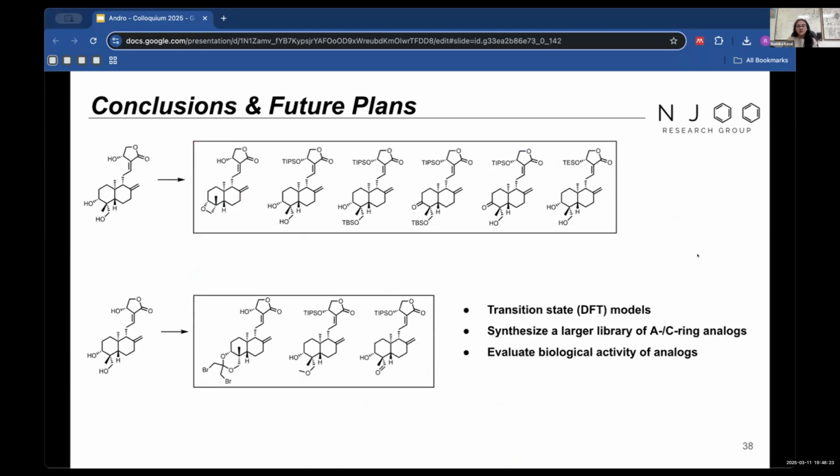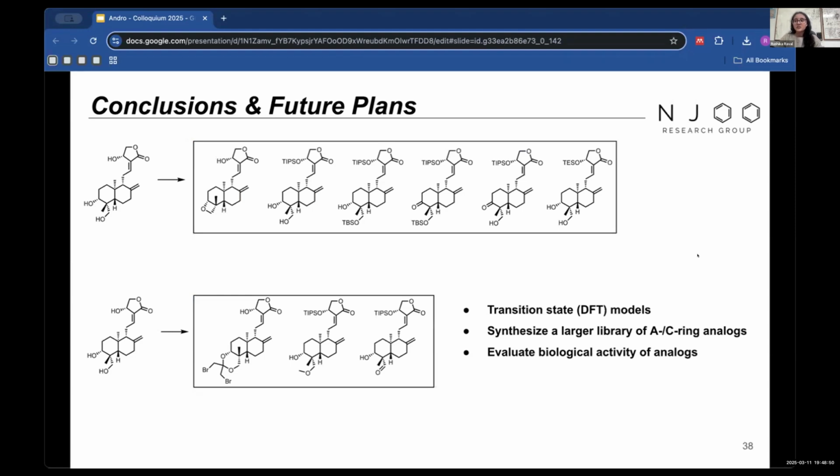So to conclude, on the top, we've highlighted some compounds that we have made so far and characterized, including key intermediates that would allow for future diversification and, I guess, a library of analogs. On the bottom shows a few analogs that we're currently trying to make. And I guess in the future, we'll expand this library to include many other functional groups on the A ring, including some cyclic ones as well.